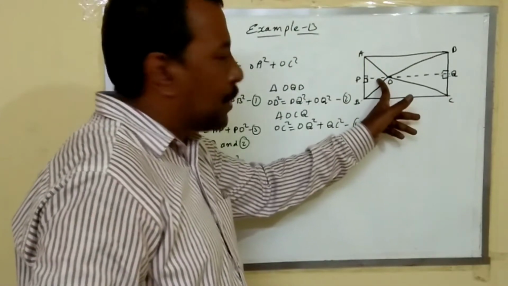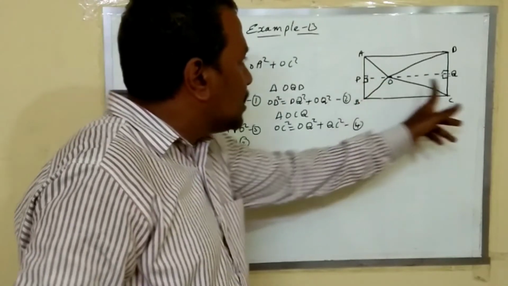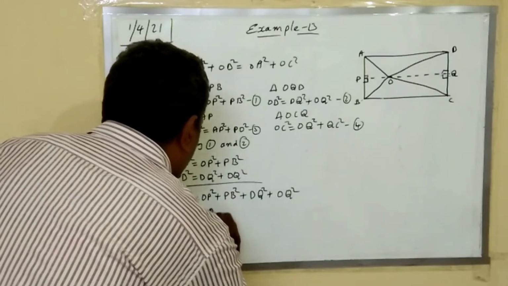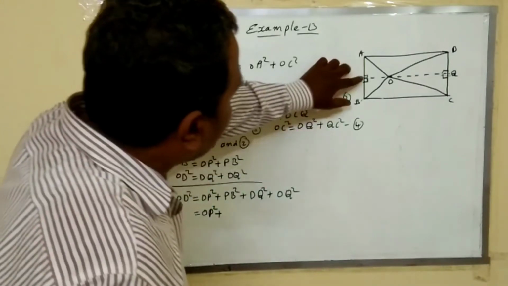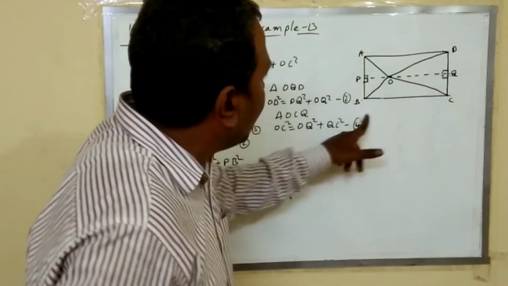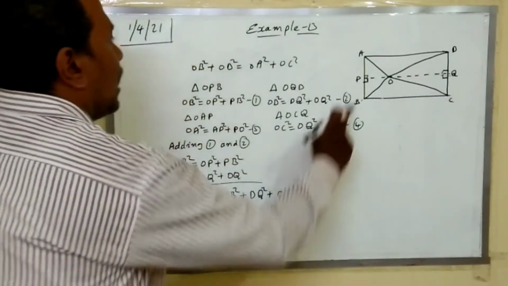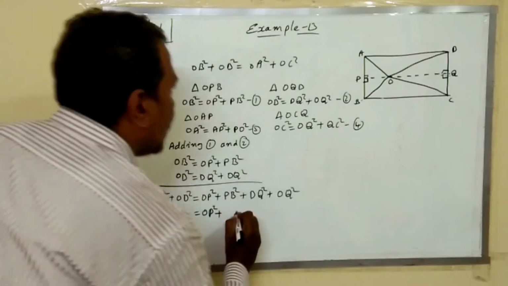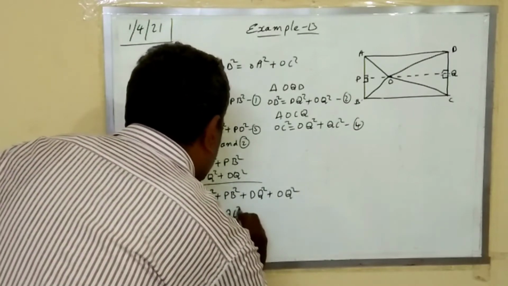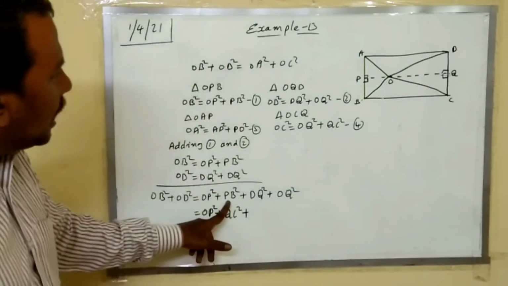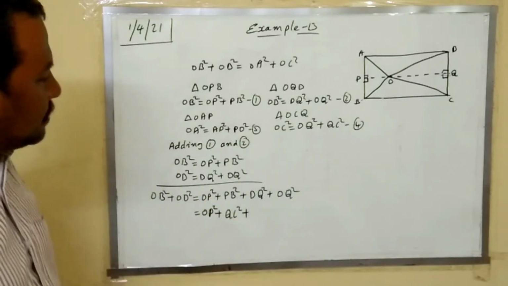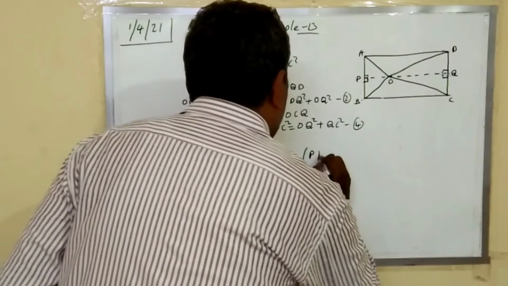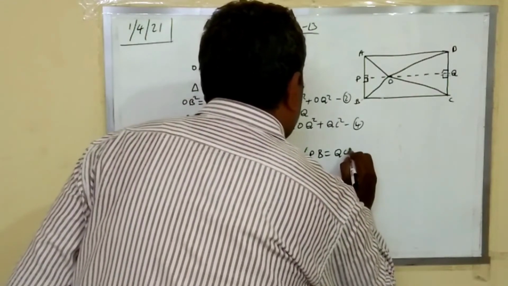BC is equal to PQ and PB is equal to QC. So in place of PB I am writing QC, because PB is equal to QC.